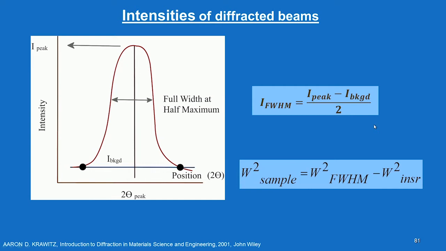We also discussed that this peak broadening is due to the sample as well as the instrumentation reasons. So, that can be represented by W square sample is equal to W square full width at half maximum minus W square instrumentation. So, this is a typical peak representation of X-ray diffraction. From there, how to separate all these effects is exactly what we want to see.